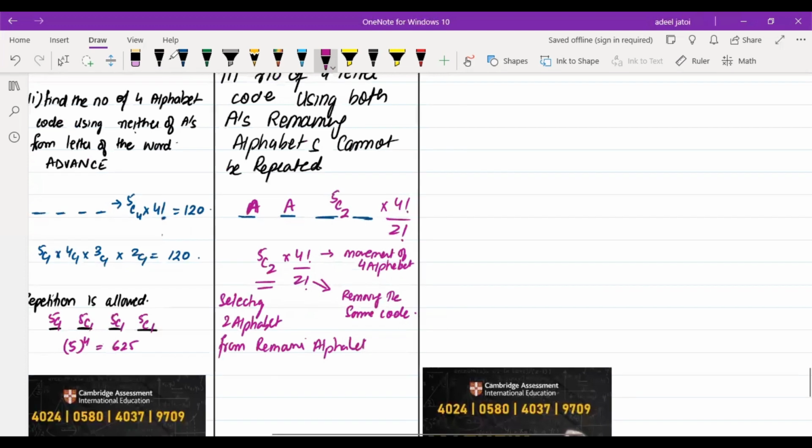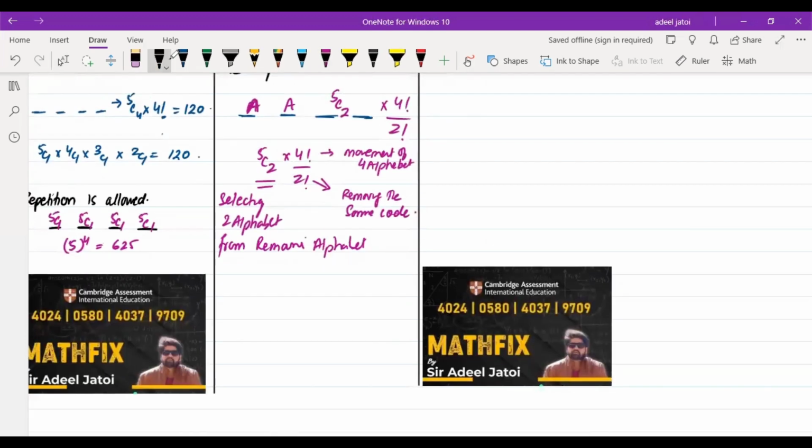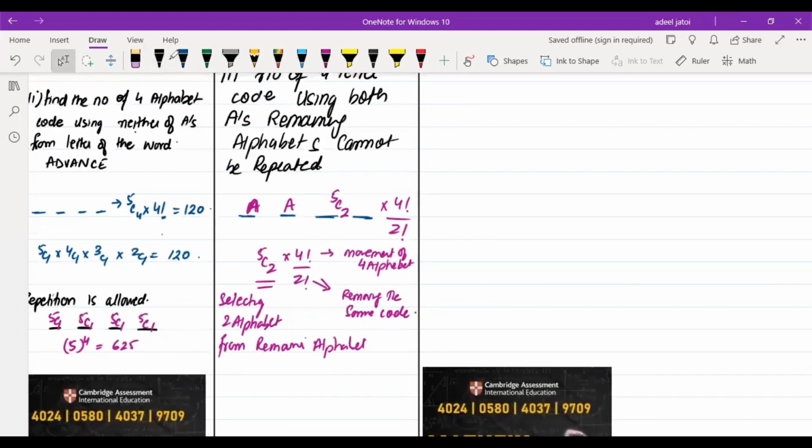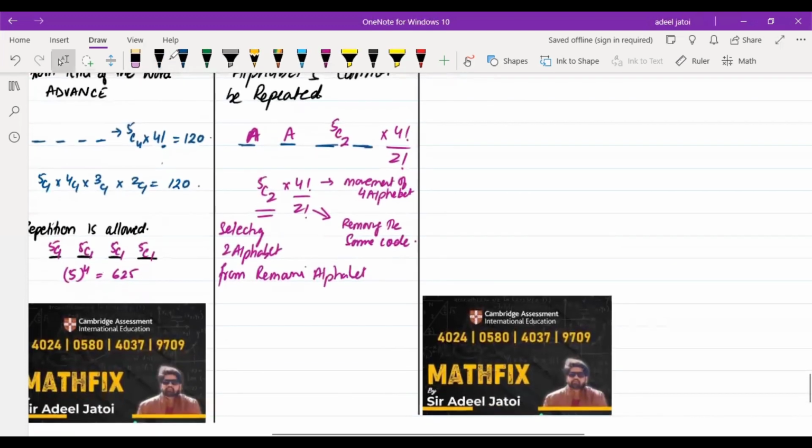Or this can also be done directly using 5C2, considering that these 2 alphabets will be moved, divided by 2 factorial multiplied by 4 factorial. So initially you can have any way possible as you like, but majorly it is 5C2 into 4 factorial upon 2 factorial.